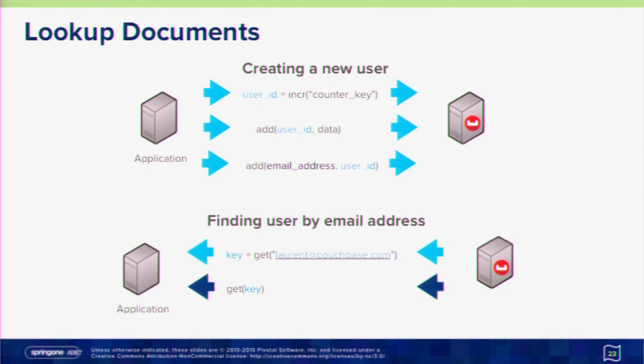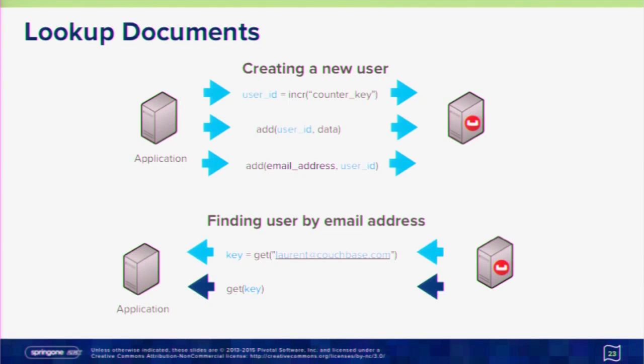And then there's this cool thing, a pattern basically called Lookup Documents. As I said before, if you're doing a query, you're going to scatter the query across the cluster, gather the results. What you can do though is create this user with a random UID. You have no way of getting it because it's random, so you actually create another document with a deterministic key, which is probably, for instance, the email of the user.